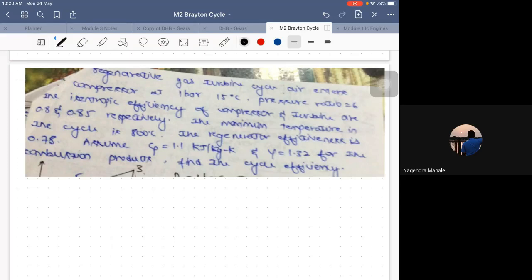Now, regenerative gas turbine cycle, air enters at 1 bar. So he says regenerative, no? First draw a Brayton cycle. For regenerative analysis, just a TS diagram is more than sufficient. Don't go with the TT diagram. Just TS is more than sufficient for you. Okay.